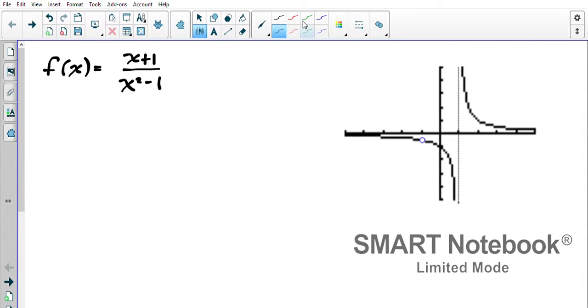So let's see. Y-intercept. Still, it's simply a matter of plugging in 0 for x.